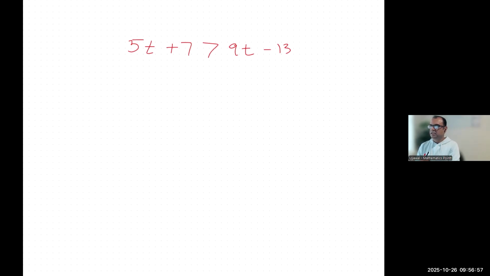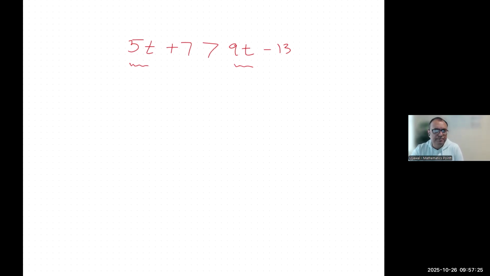You're saying t is less than 5, right? Let's quickly check. Now, when you have variables sitting on both sides of the equation or inequality, always try to collect them on either side.